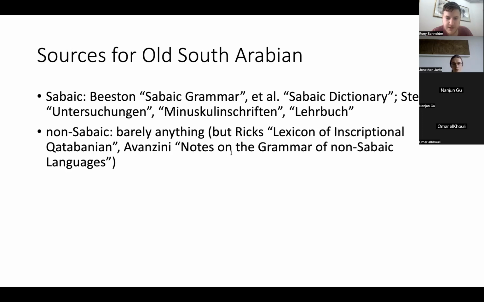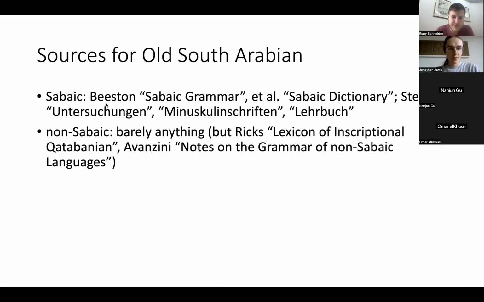And that is the best, you can Google sabaweb.jena. That is the best dictionary that exists right now for Sabaic, but it also includes references for other Old South Arabian languages. Specifically regarding books, there's only a few that can be mentioned.